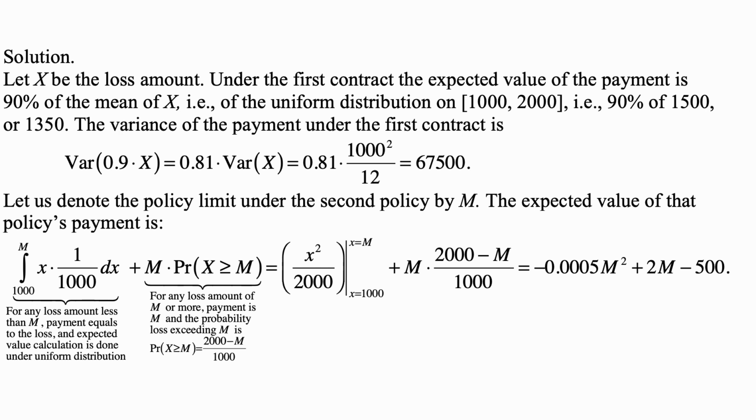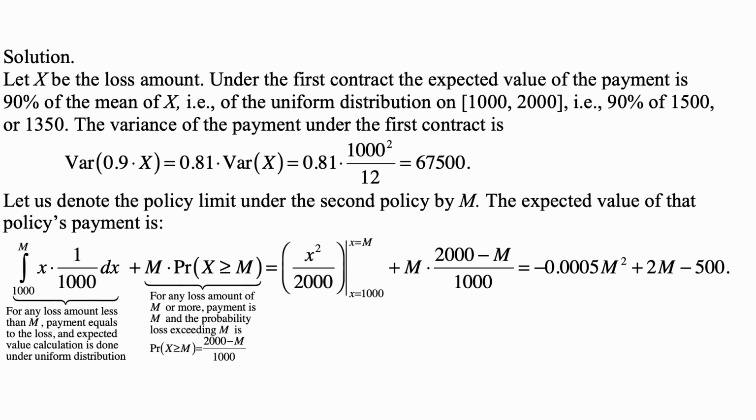The variance of the payment under the first contract is the variance of 0.9 times X, which is 0.81 times the variance of X, which is 0.81 times 1,000, the length of the interval from 1,000 to 2,000, squared divided by 12. That's the variance of uniform distribution. And that ends up being 67,500.